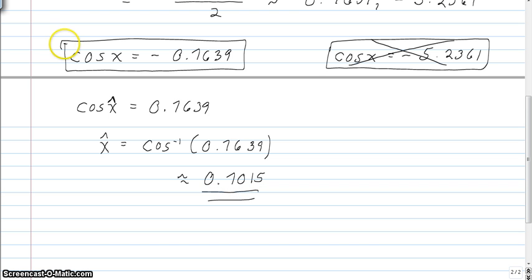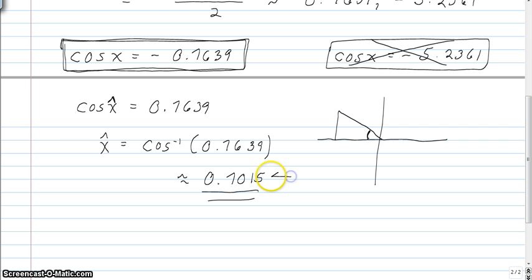But remember, back up here was the equation I'm trying to solve. So I need to figure out angles whose cosine is negative. And we know that the cosine would be negative in quadrant 2, where this is the reference angle that I just found. Also in quadrant 3, where this is the reference angle that I just found.